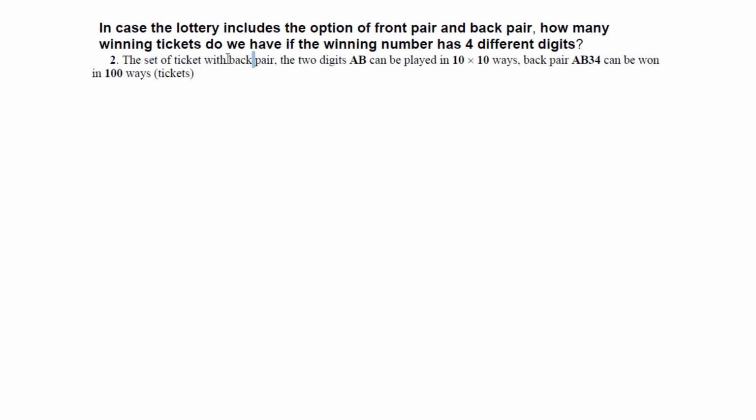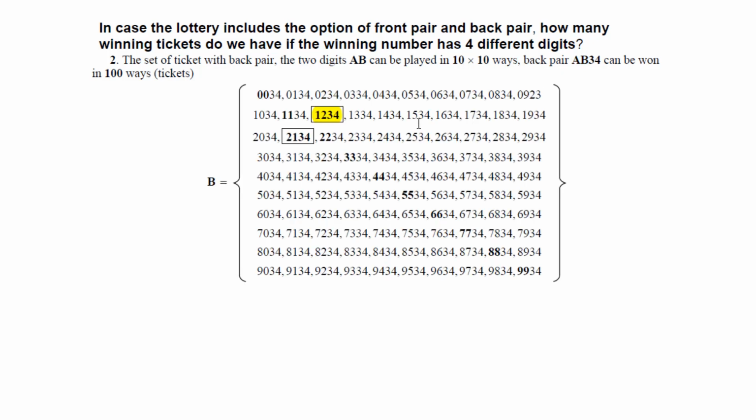Also, we have another set of winning tickets, which are the tickets winning by back pair. In such case, the ticket is winning by the last two digits, and the first two digits could be any number from 0 to 9. So we have 100 winning numbers in such case also.